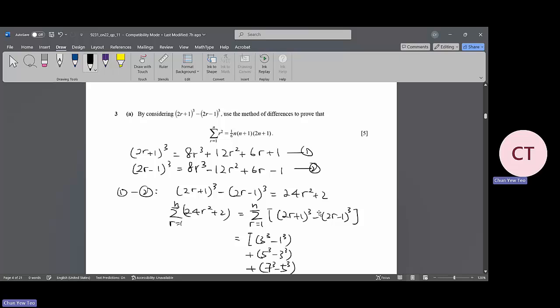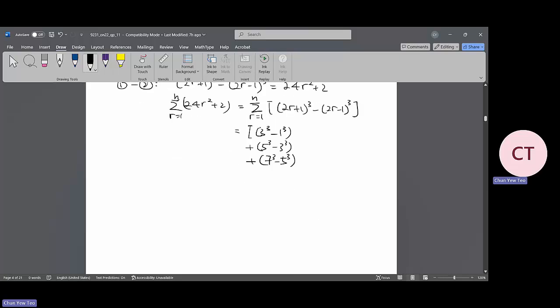So you have listed down the first 3 terms, and you can see the pattern that these can be cancelled. And we are assuming that the pattern will continue. So we just need to list out until the last 2. The last 2 terms will be (2n plus 1) cubed minus (2n minus 1) cubed, and (2n minus 1) cubed minus (2n minus 3) cubed.